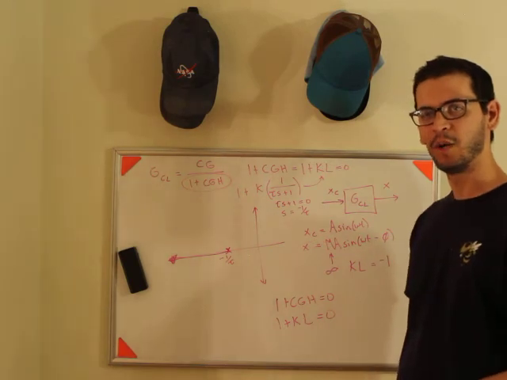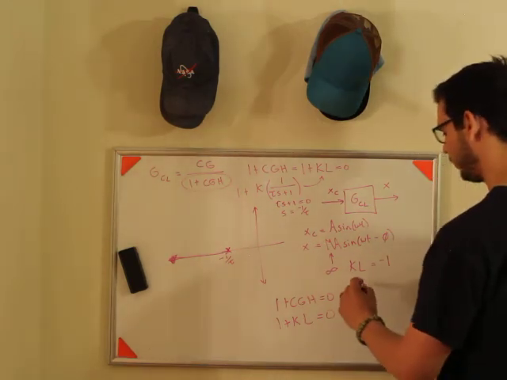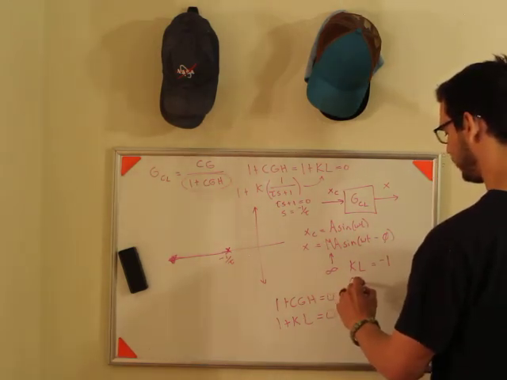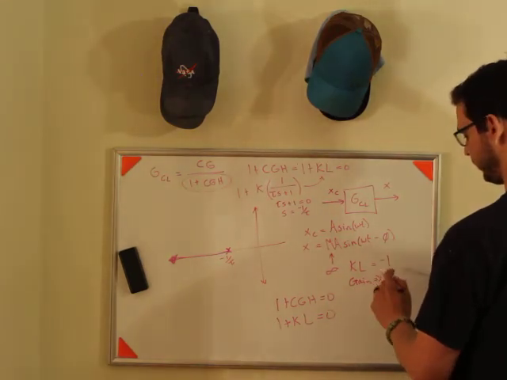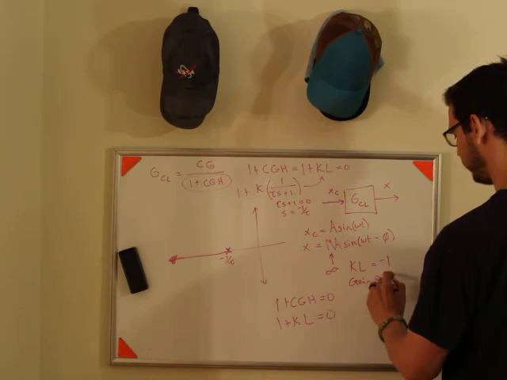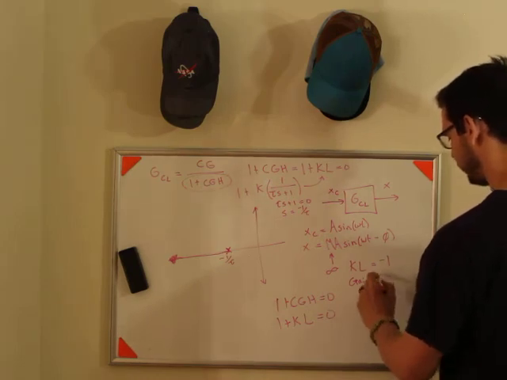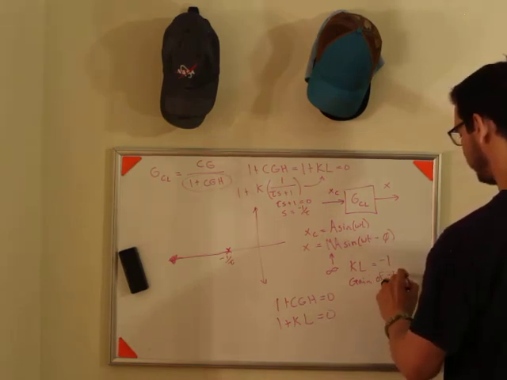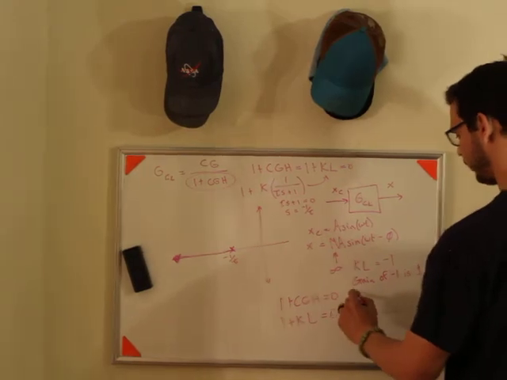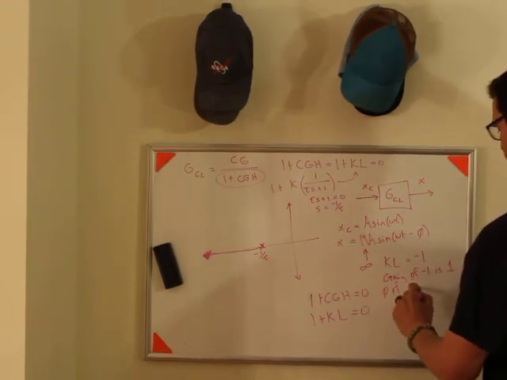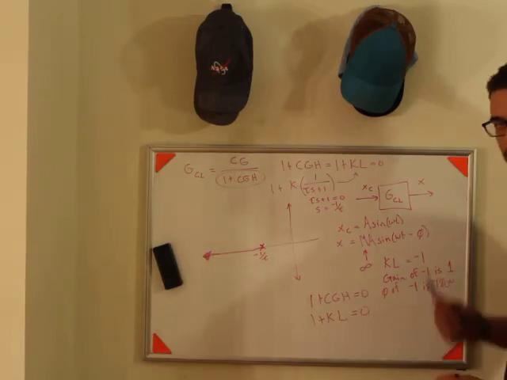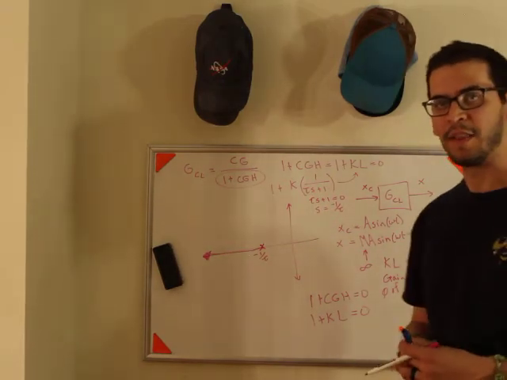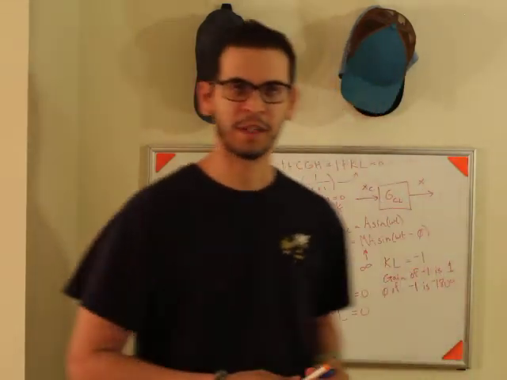Well, what's -1 in the gain and phase realm? The gain of -1 is 1, and the phase of -1 is 180 degrees, or minus 180, okay? And so in that case, I'm going to move to this side.